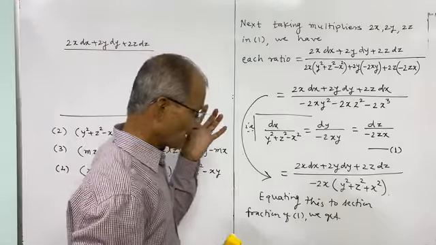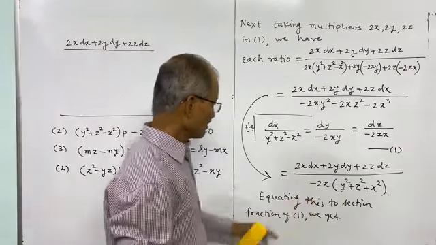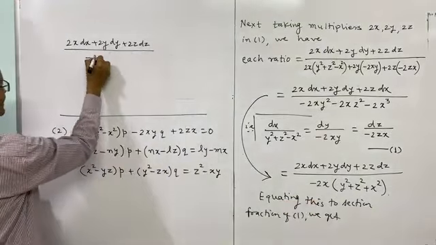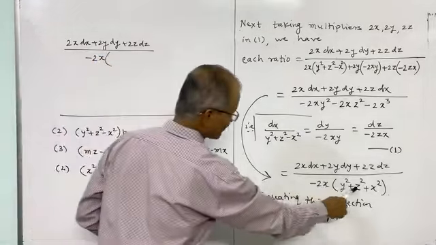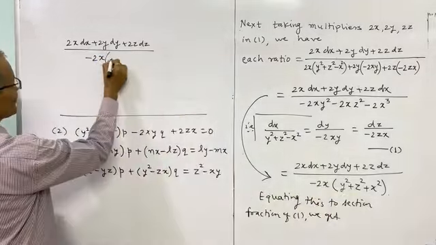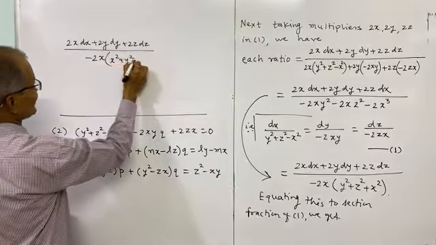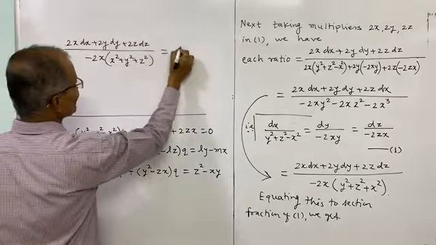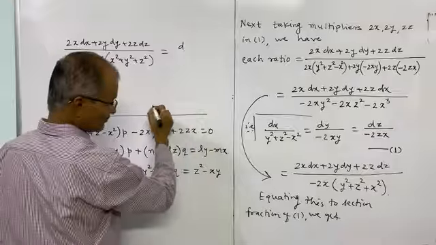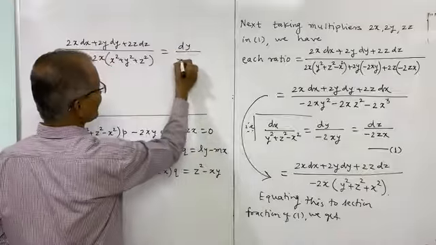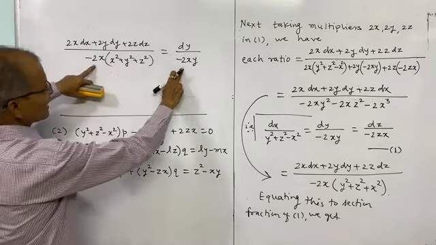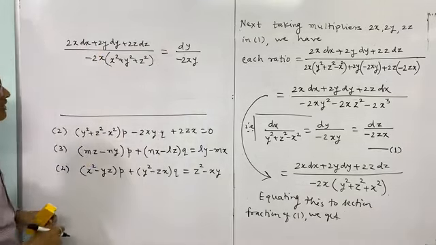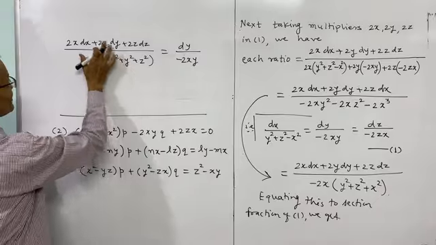Now shall I write directly, I shall write as it is 2x into, instead of y square plus z square plus x square, I shall write x square plus y square plus z square, and is equal to the second fraction we are going to equate, dy divided by negative 2xy. Now this negative 2x cancels from both sides, from the denominator, and what remains is this one.